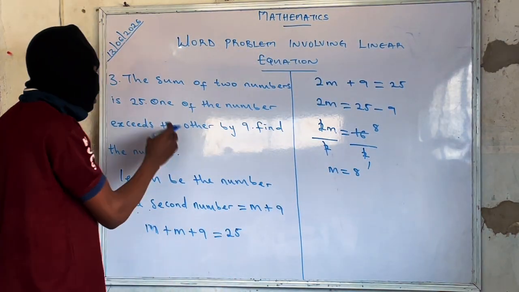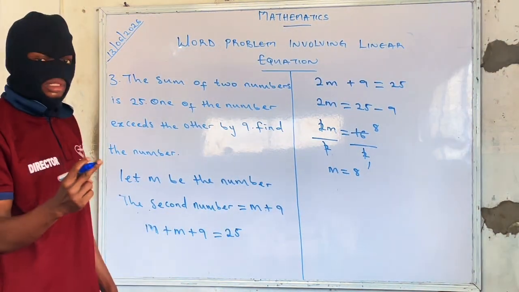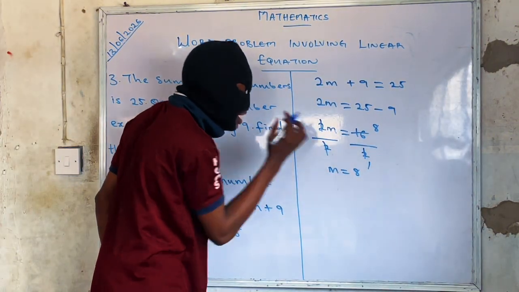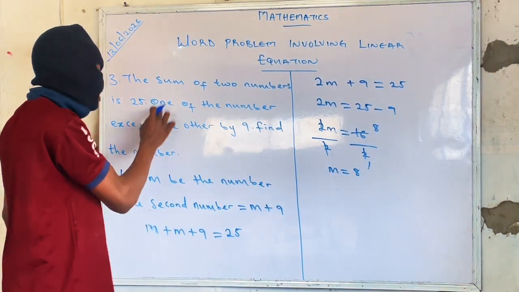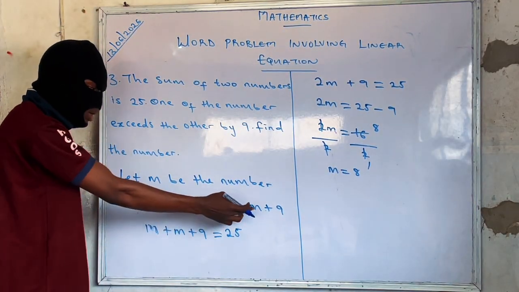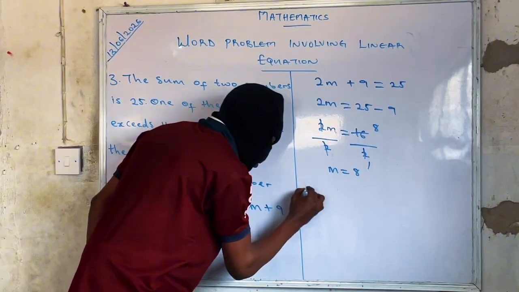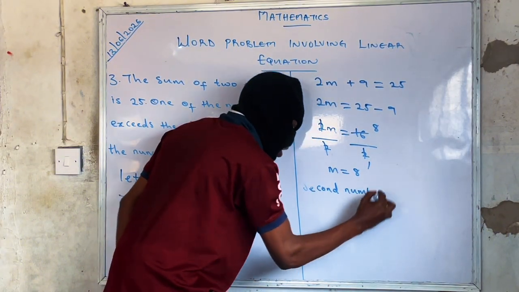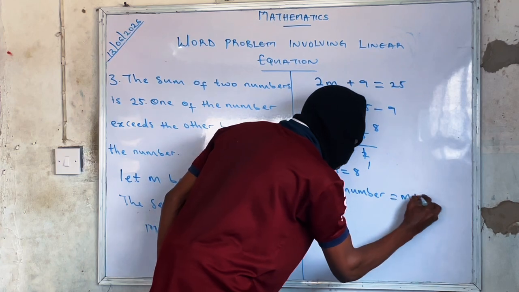Now they say find the two numbers. The first number is equal to 8. But they say that one of the numbers exceeds the other by 9. And we know that the second number is equal to M plus 9.